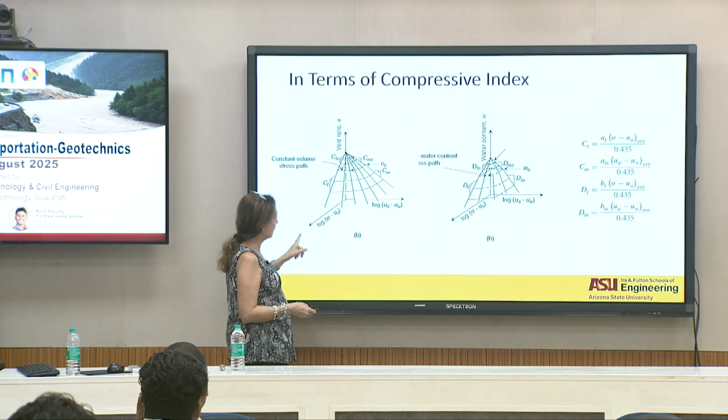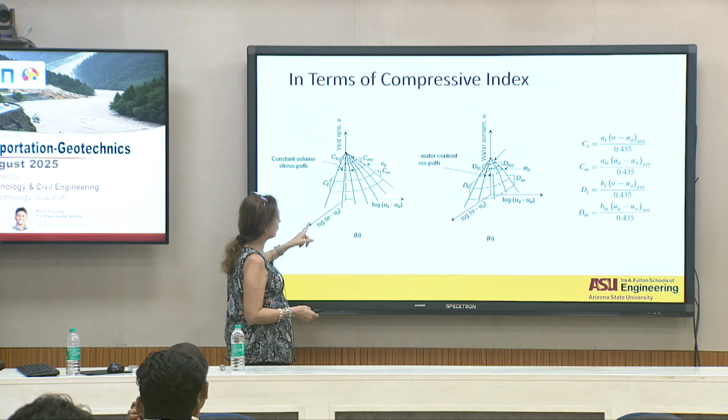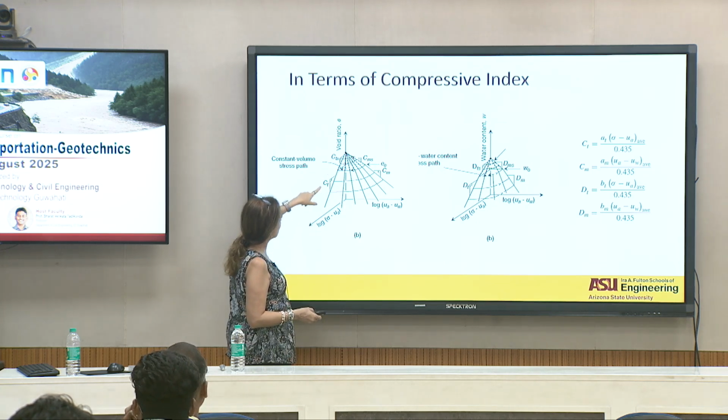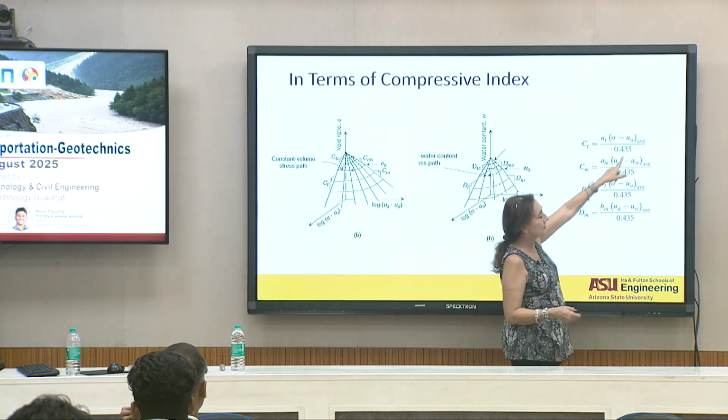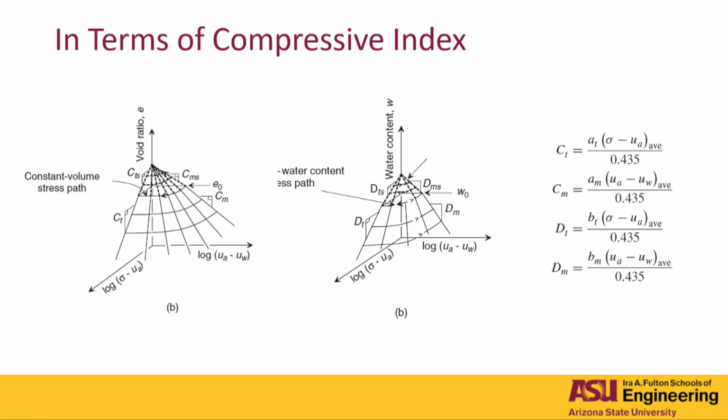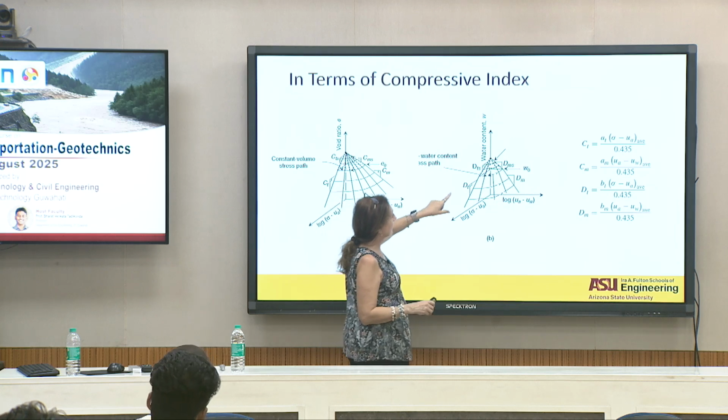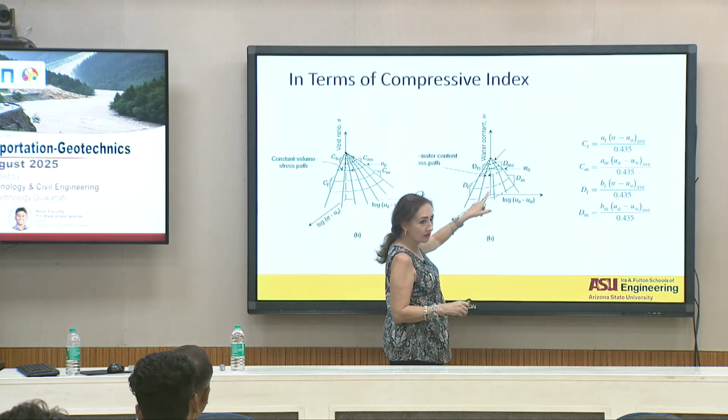And this one is a total stress change, which is going to have a constant in here equal to C sub T. The 0.43 is the conversion between log and arithmetic in here. There is another one in here, which is C sub M, which is the change in void ratio with respect to suction. Okay? The other one in here is going to be the change in water content.